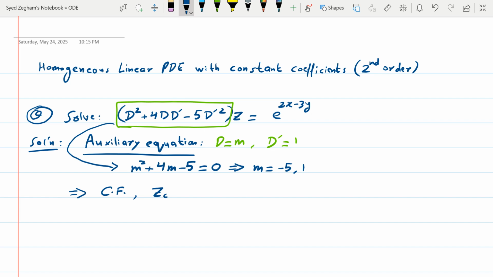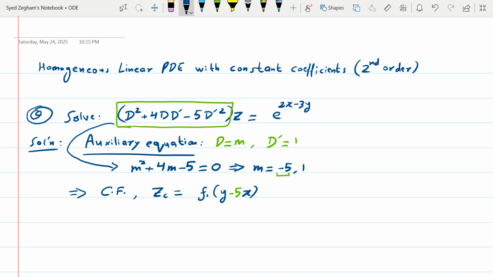That is also fine. So Zc, now how to write the complementary function? Some function f1 of y, first value of m which you have got, y minus 5 times x.